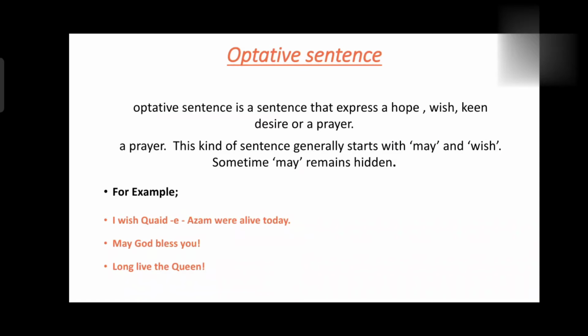And the last one is optative sentence. An optative sentence is a sentence that expresses a hope, a wish, keen desire, or prayer. This kind of sentence generally starts with may and wish.